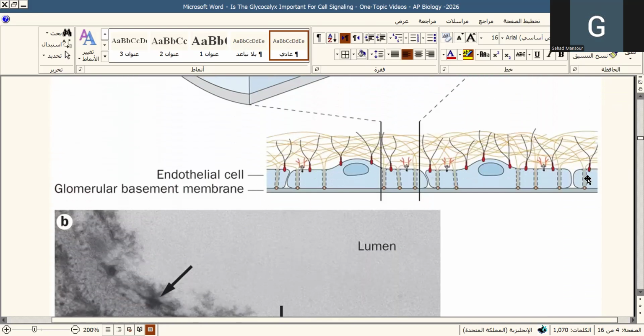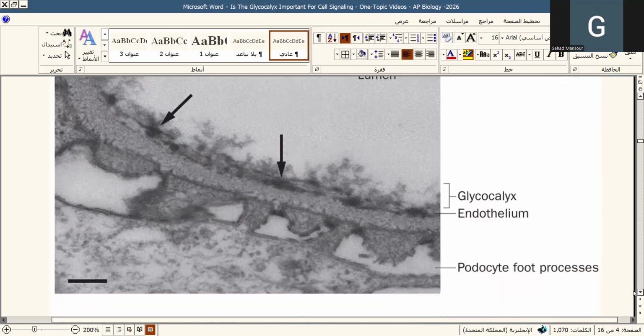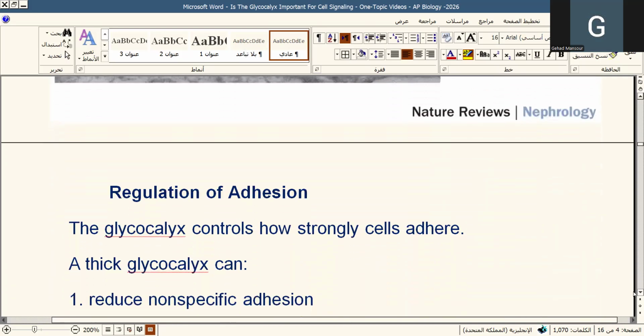Here, since these are endothelial cells, the carbohydrate molecules like hyaluronic acid are inside the blood vessel, but they might also be present outside. And here the arrows point to the elongated fibrous proteins to which the proteoglycans are connected.